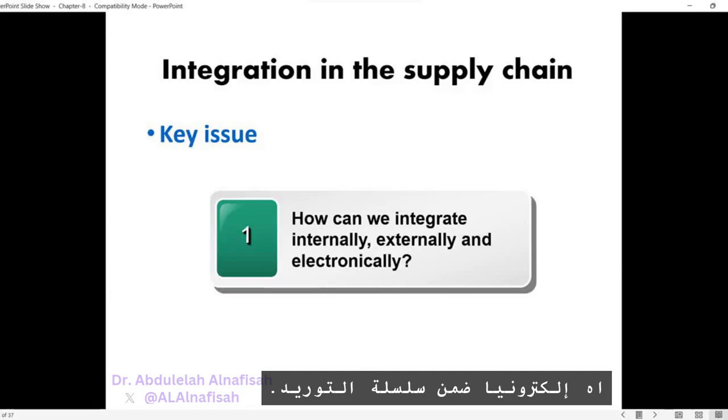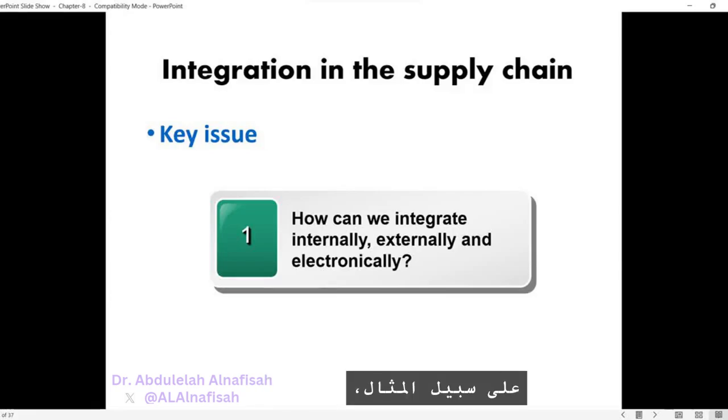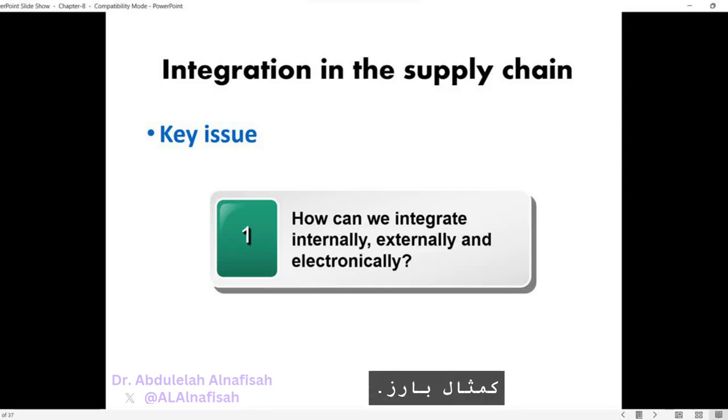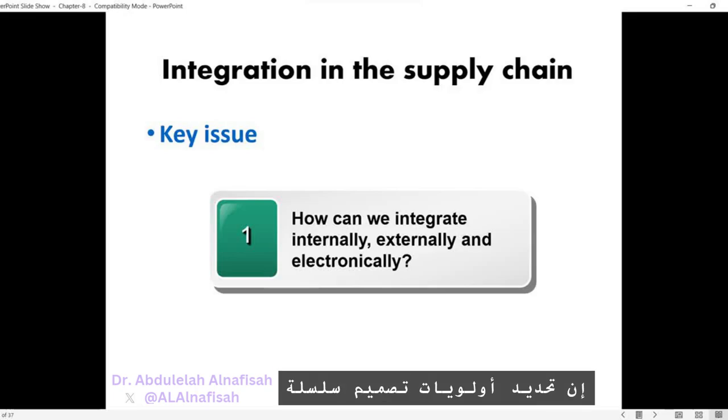supply chain. For example, Procter & Gamble, P&G, serves as a notable example, prioritizing customer-centric supply chain design. P&G follows four key principles. 1. Short-cycle production.